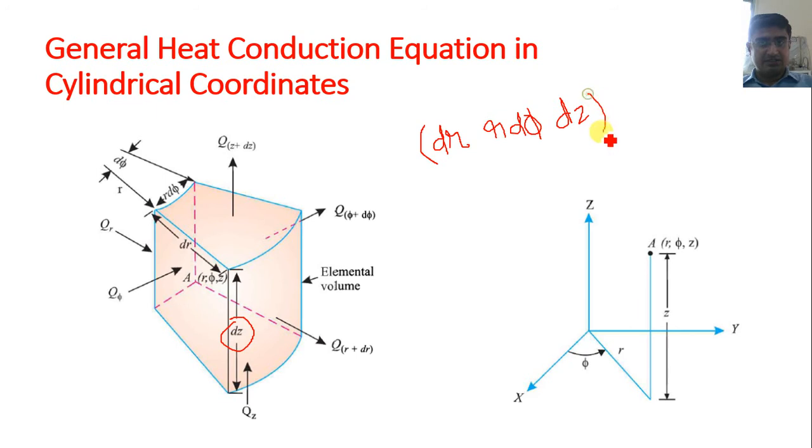So length, width into breadth gives the volume of that small cylindrical volume element, which becomes dr r d phi dz.